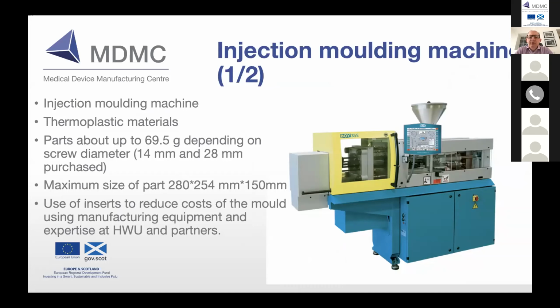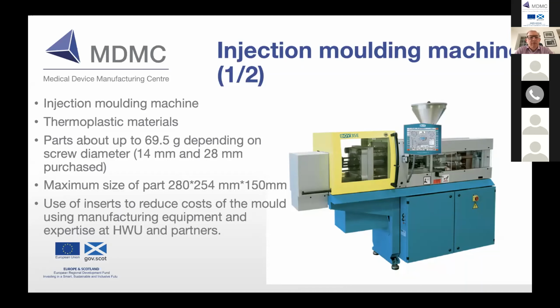The machine you are seeing is the machine we're going to have, because it's quite a unique machine for the application we want. It has a clamping force of about 35 ton and allows us to deposit between 1 gram and about 70 gram of material, depending on the screw diameter. The maximum size that could be molded will be 280 by 254 by 150 millimeters.